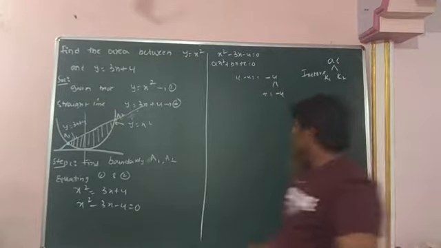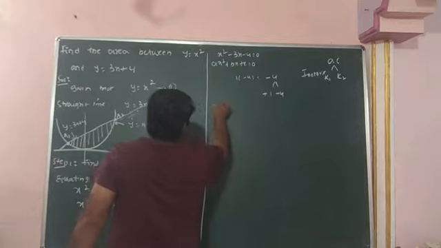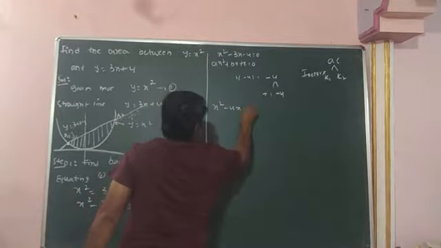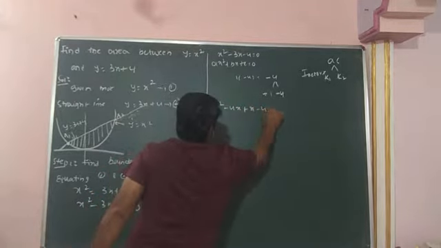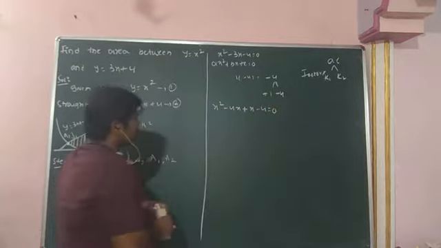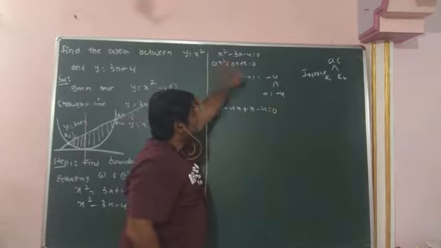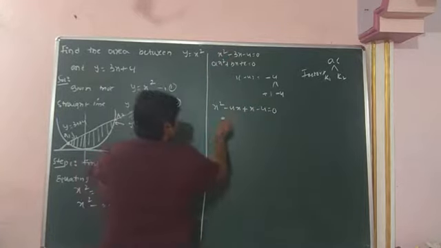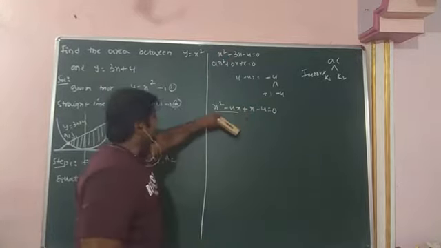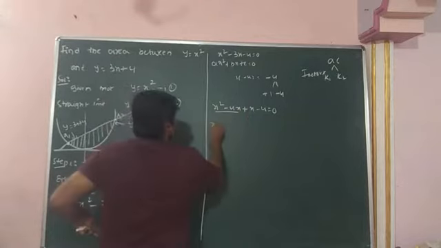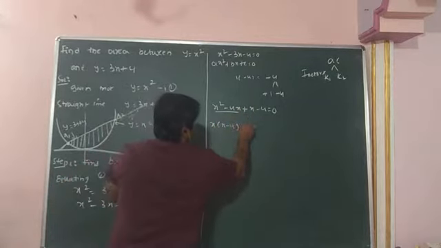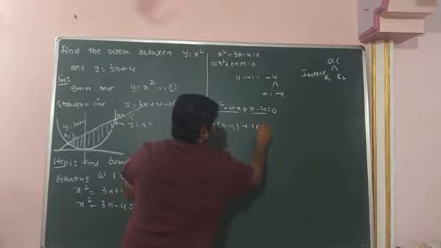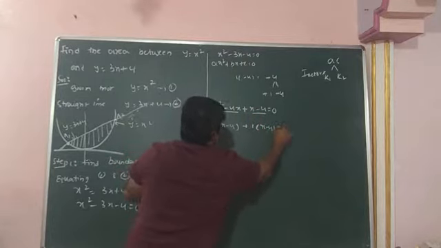Therefore, we write it as x square minus 4x plus 1x minus 4 equal to 0. So this minus 3x can be written as plus 1 minus 4. Taking x as common, we get x into x minus 4 plus 1 into x minus 4 equal to 0.